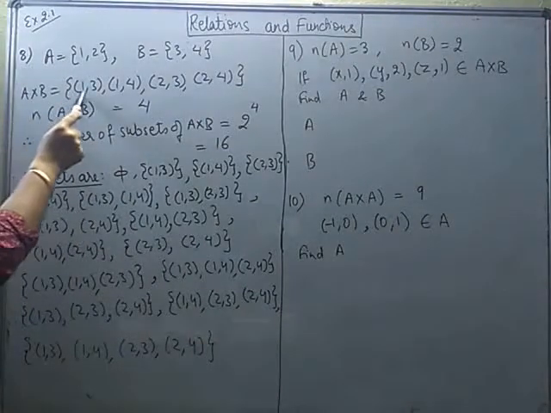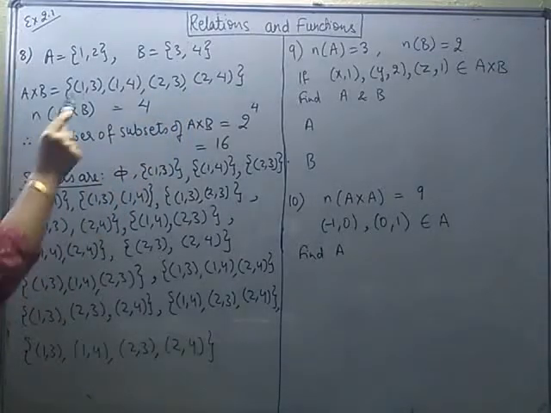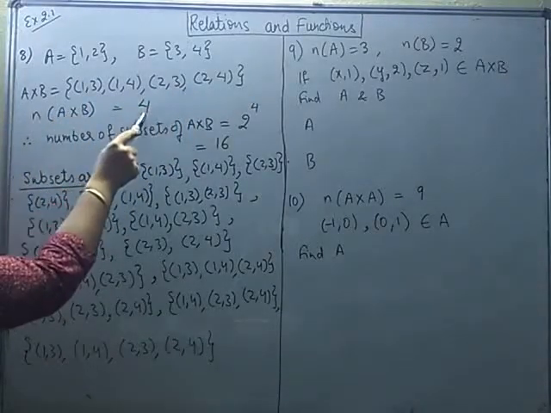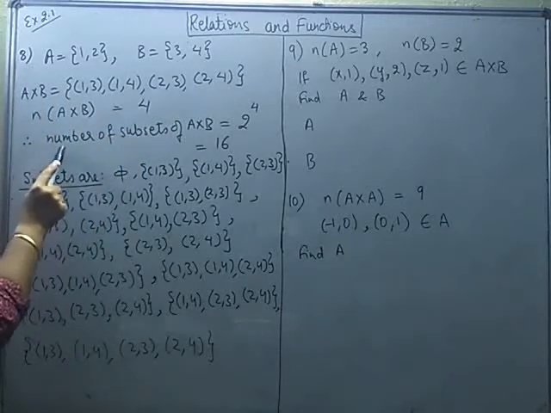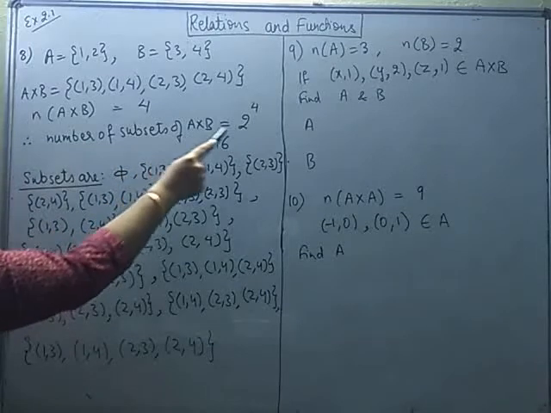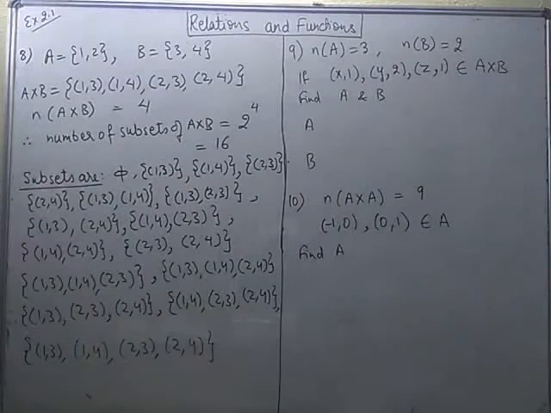Otherwise also you can quickly write down all possible pairs in the Cartesian product A cross B and you will find there are 4 pairs. Now we know the number of elements in A cross B is 4. So the total number of subsets of A cross B will be 2 raised to the power 4, that is 16. Then you are being asked to list them.